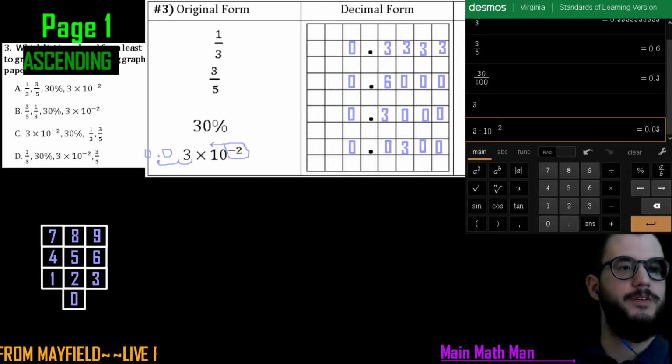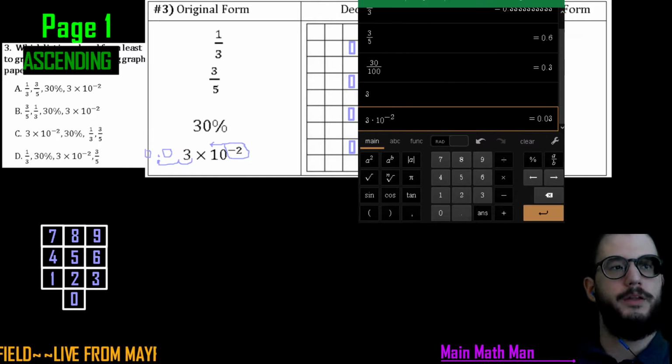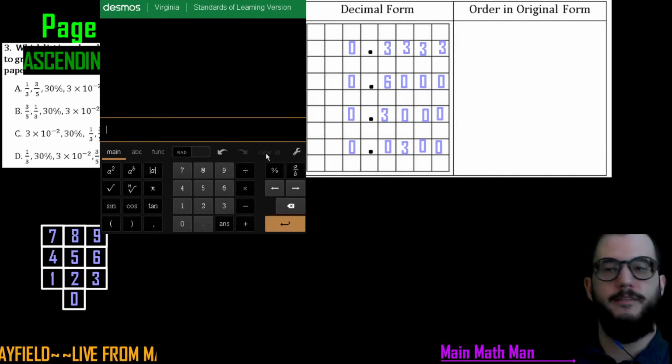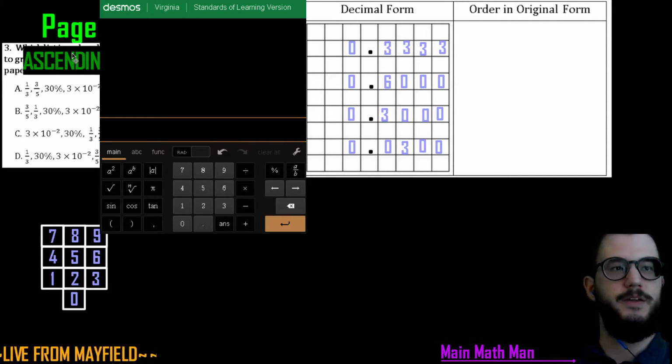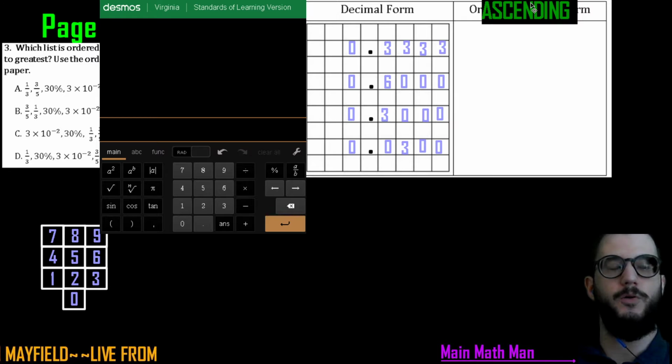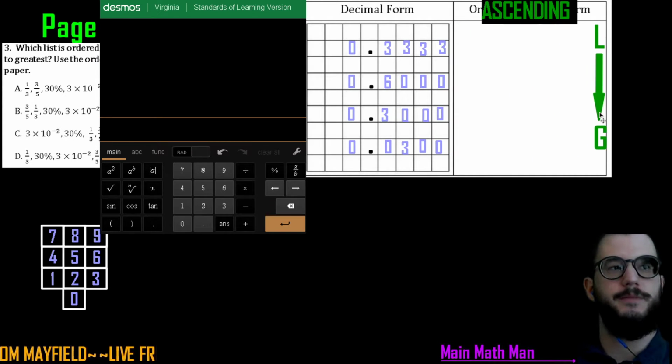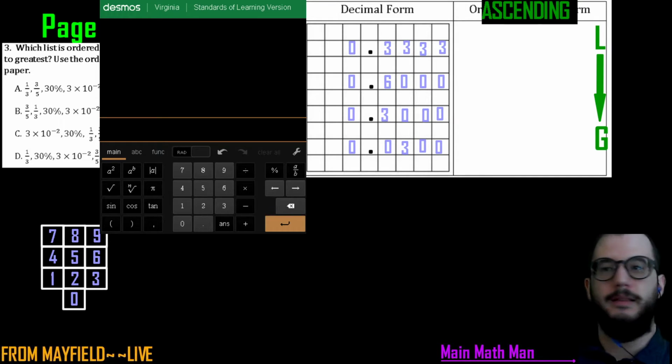All right, so now that we have those values changed over, I have my decimal place values, and I'm going in ascending order. And so what does that mean? That means from least to greatest. So I need to make sure that I'm looking for the smallest number. So again, you can line up your columns.